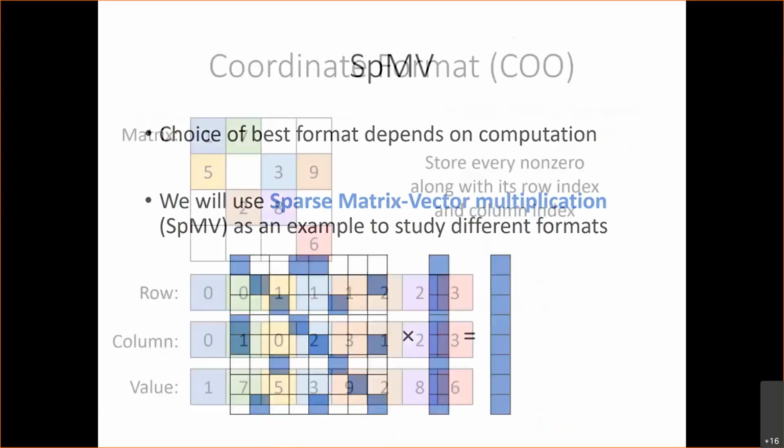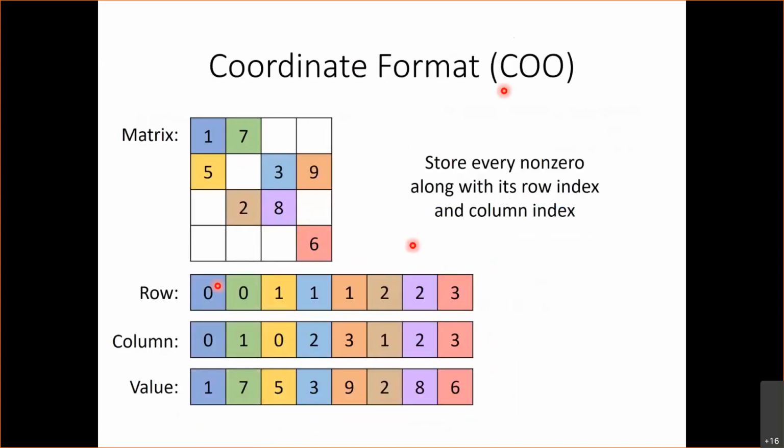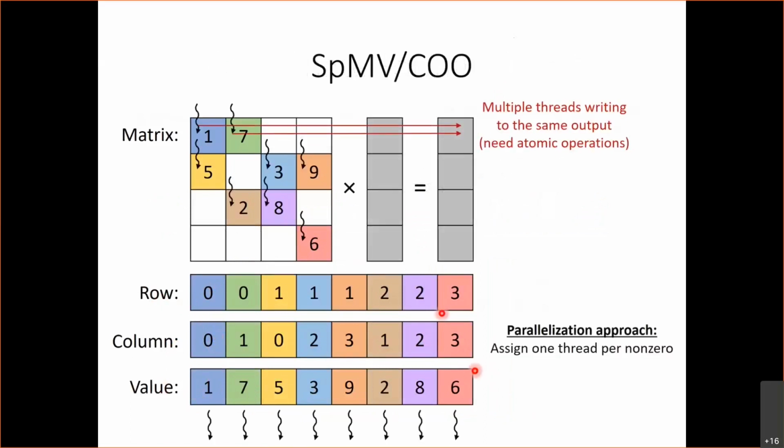So we started with the COO format, and we said that the COO format is a format where we simply store all the values in one array, and we also store the row index and the column index at the corresponding location in two other arrays. So we have an array for the row indices, an array for the column indices, and an array for the values. If we want to perform SPMV using the COO format, the typical way of doing it is assigning a thread for every non-zero in the sparse matrix, which corresponds to assigning a thread for every location in these arrays.